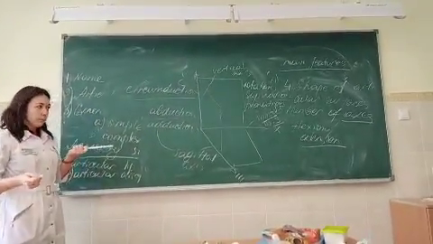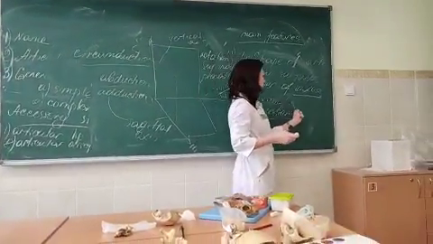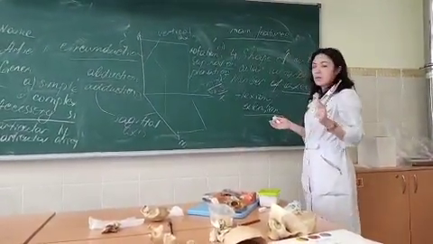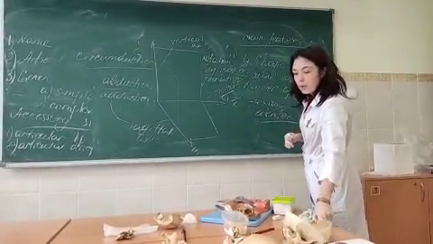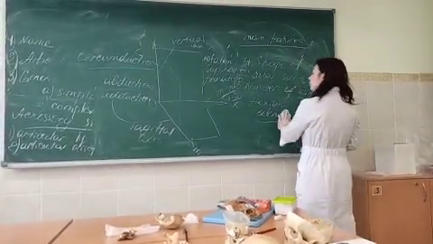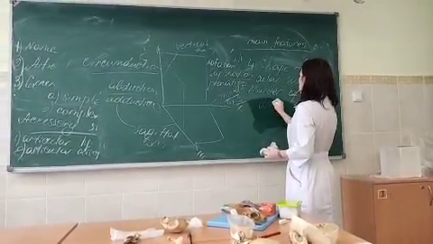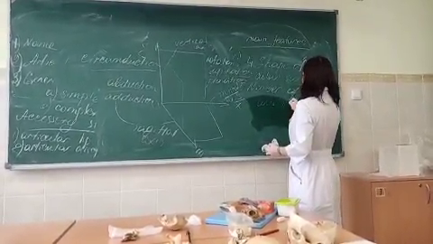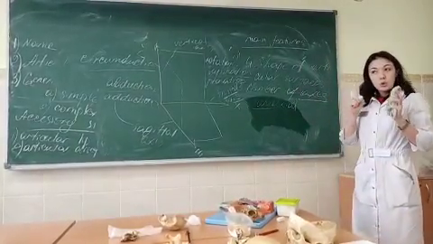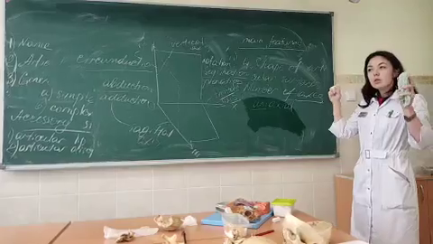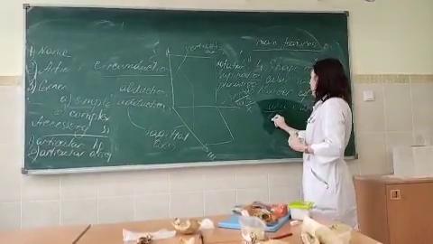These are movements. And now, you should classify joints according to the number of axes. If movement is possible only around one axis, it doesn't matter around which axis, such a joint will be uniaxial. Uni means one. If movements in the joint are possible around two axes, it will be biaxial.